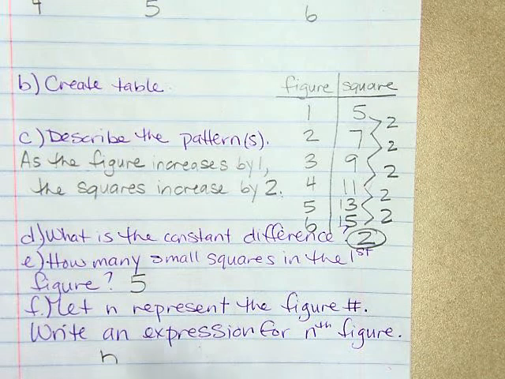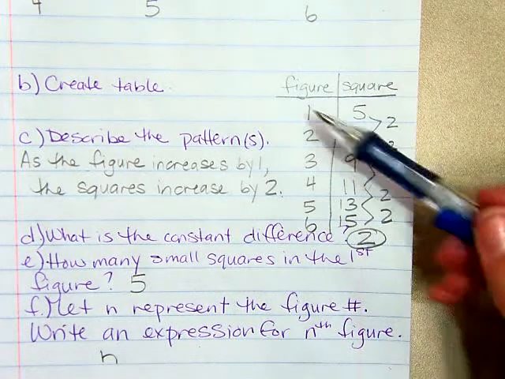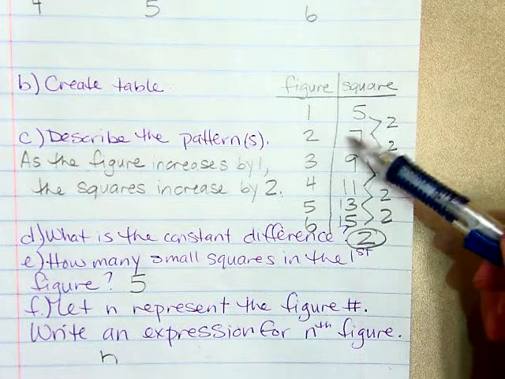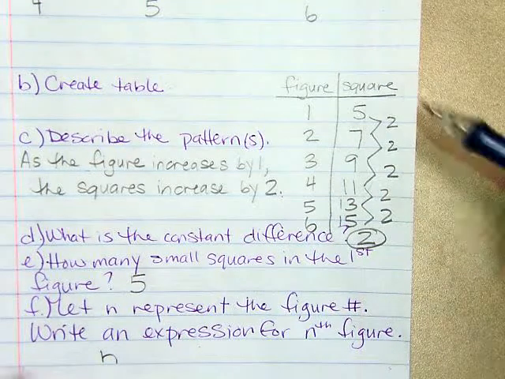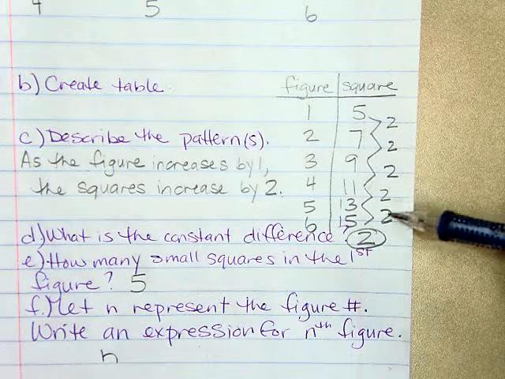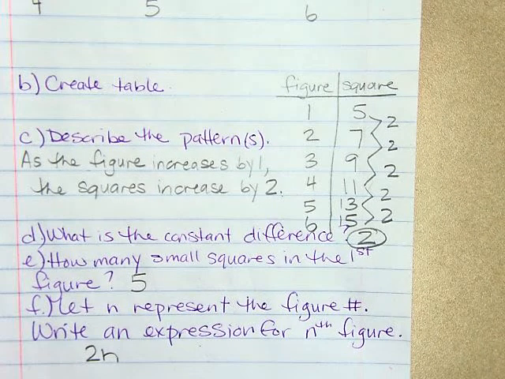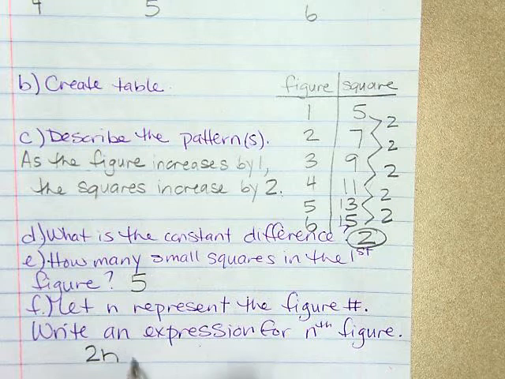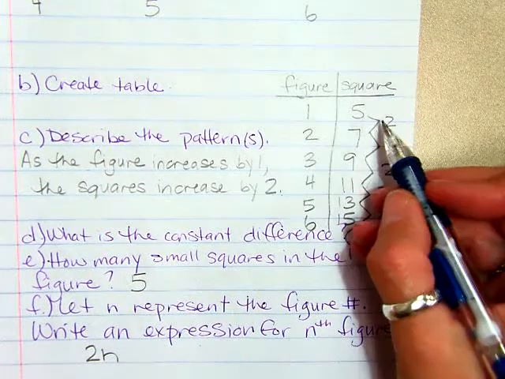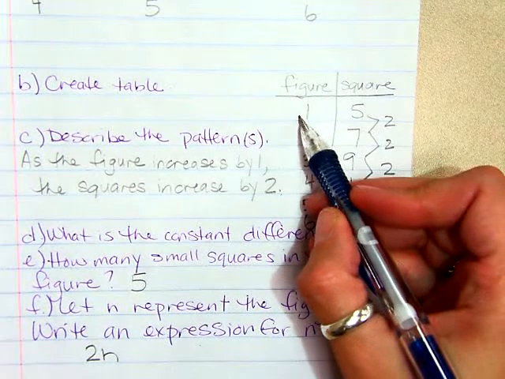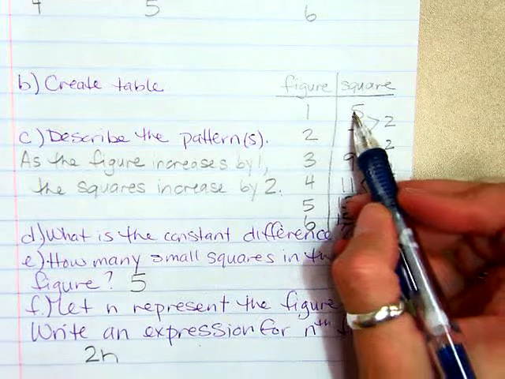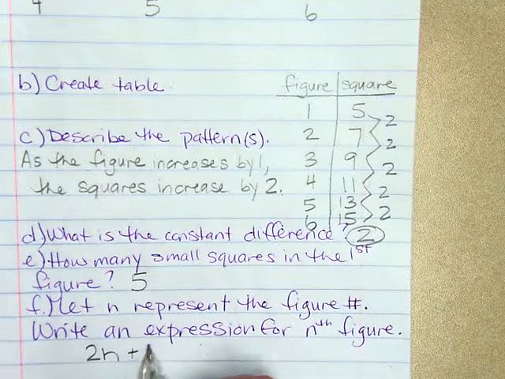The exact same rule has to apply with how I get from 2 to 7. The same rule has to apply from 3 to 9. So this constant difference, if you remember from class, is what I'm always going to multiply to my variable, which is n. So 2 times n, but then I have to do some adjusting to make it work. Because if I do 2 times 1, I only have 2. I need to add 3 more to get 5.